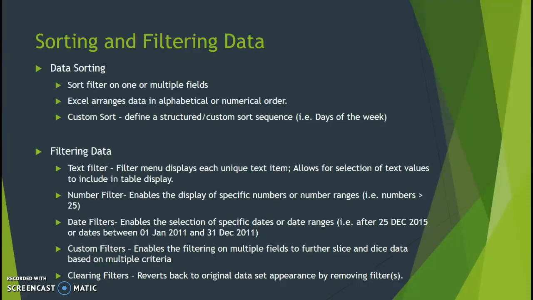Number filter enables the display of specific numbers or number ranges, i.e. numbers greater than 25. You can create date filters, which enable a selection of specific dates or specific date ranges. So if you want to look at records that occurred after a specific date, like 25 December 2015, or between two dates like 1 January 2011 and 31 December 2011, you can set up date filters accordingly.